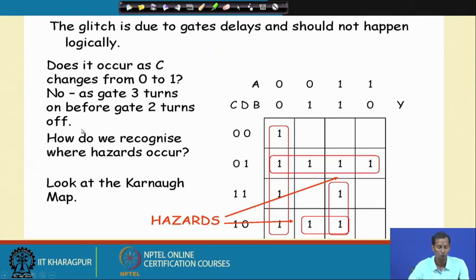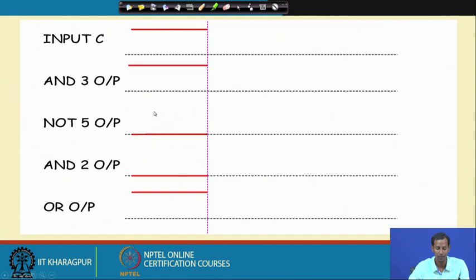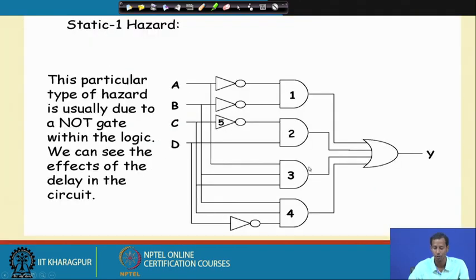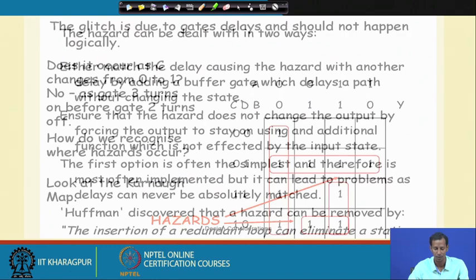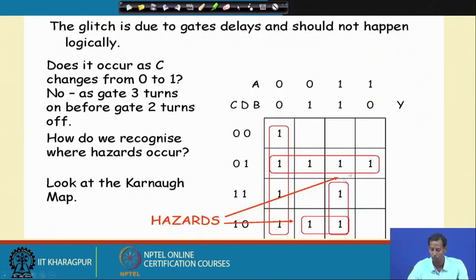Okay. So, why not? Because gate 3 turns on before gate 2 turns off. That means this gate is turning on before gate 2 is turned off. Why? That is what I said, as there is no balanced path in between. So, that is why it is happening. Okay. So, after that what can I do?